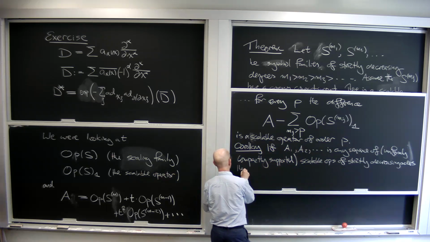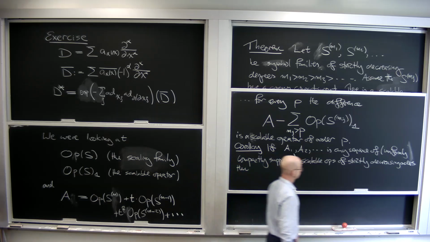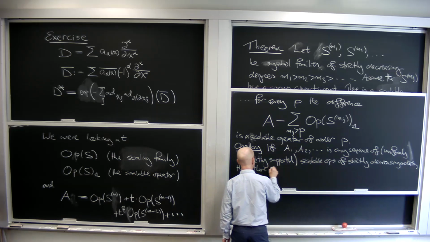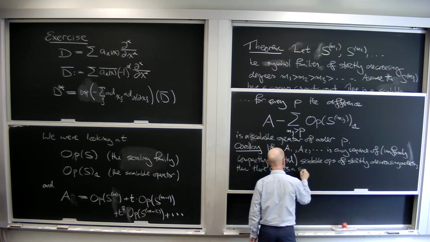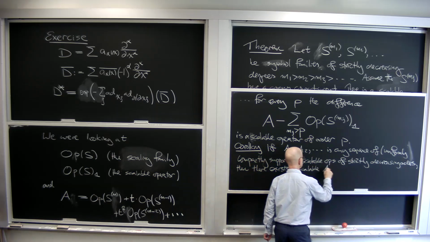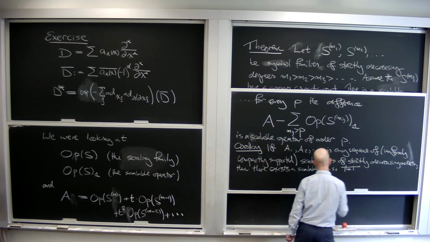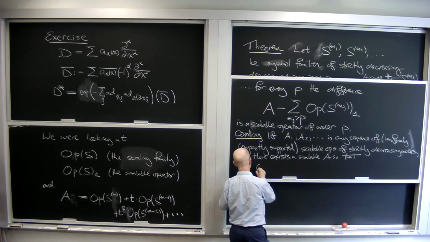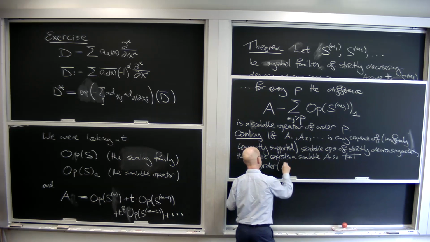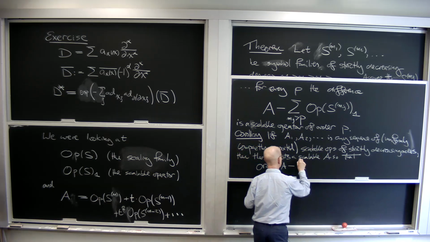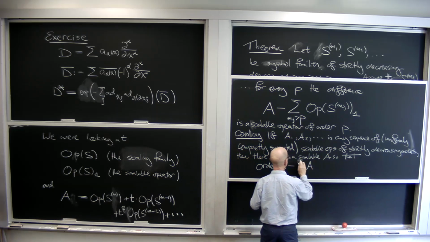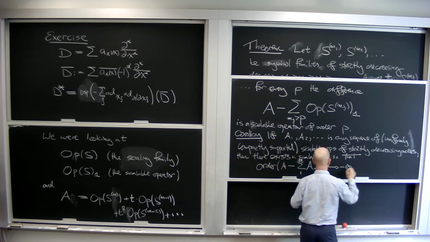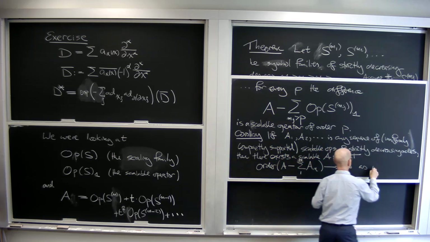Then there is an operator A so that if you look at the order of the scalable operator, which is A minus the sum from 1 to big N of these A little n's, this order goes to minus infinity as n goes to infinity.